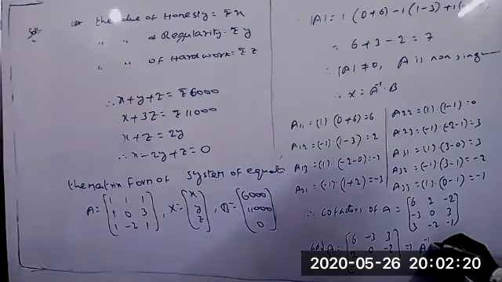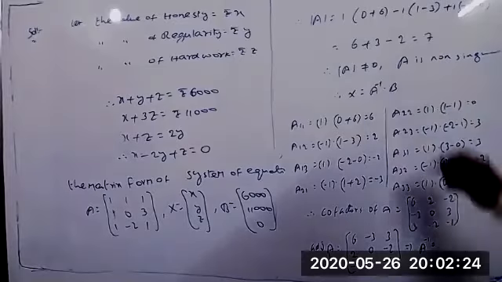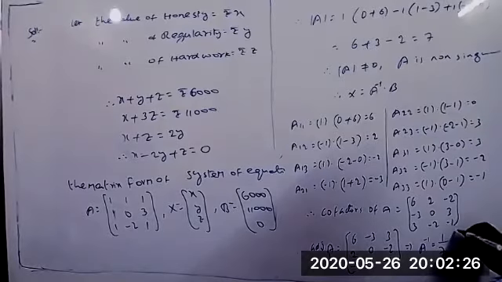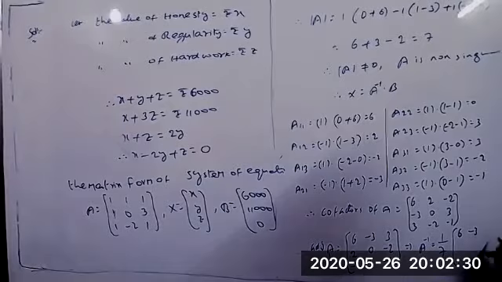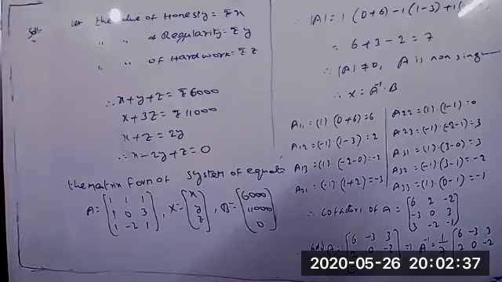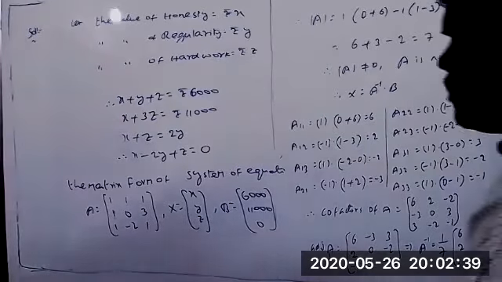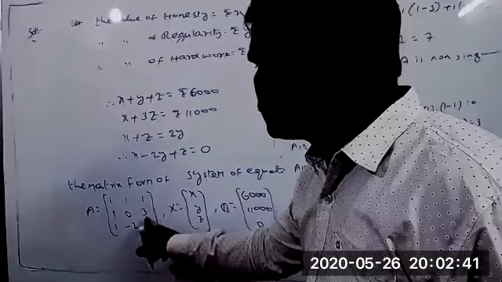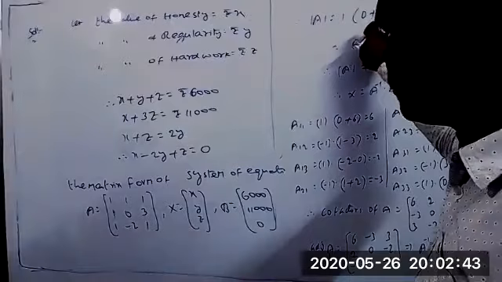So A inverse equal to 1 by determinant of A into adjoint A, but determinant of A we just got equal to 7 now. Sir, determinant of A is 6, sir. How do you do this, 1 into 0 plus 6, correct?